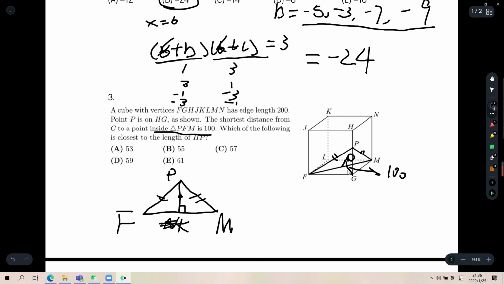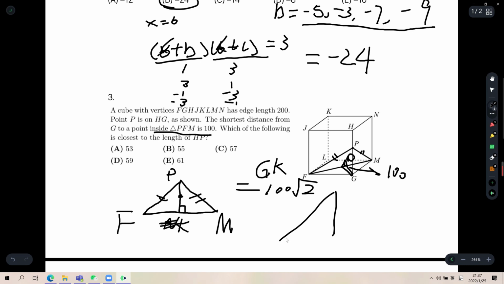And we can construct a triangle here. This is a right angle, and what is the length of GK? It is actually half the length of FM, which is 100 times square root of 2.